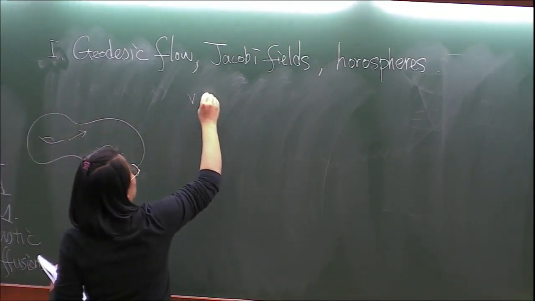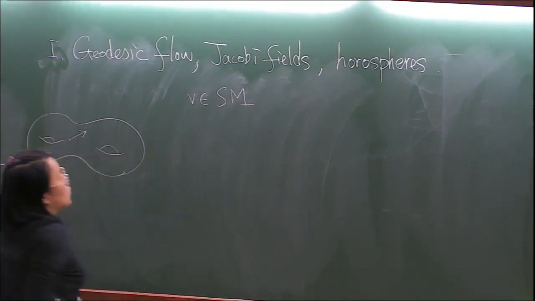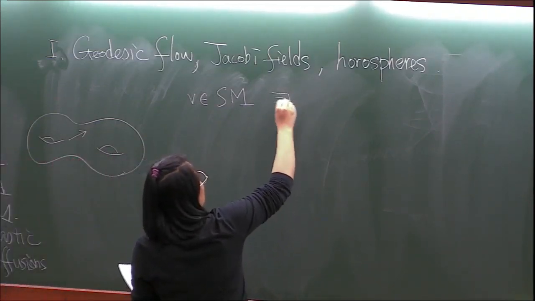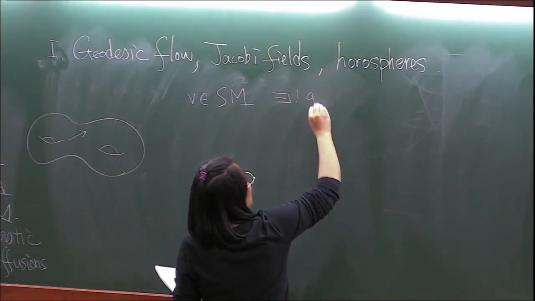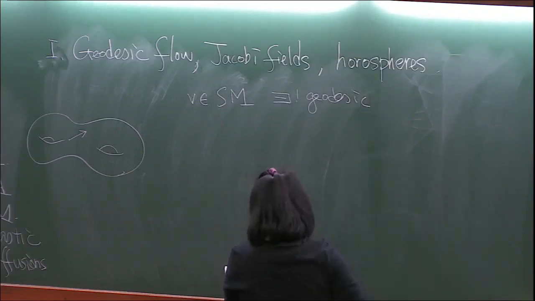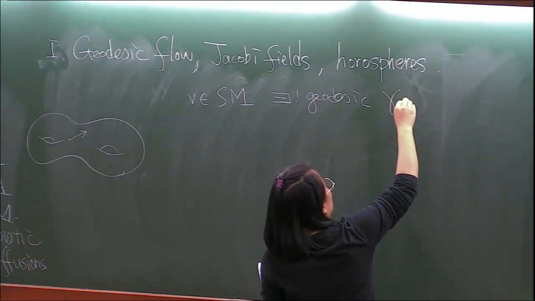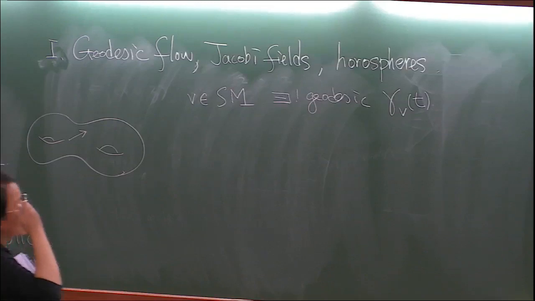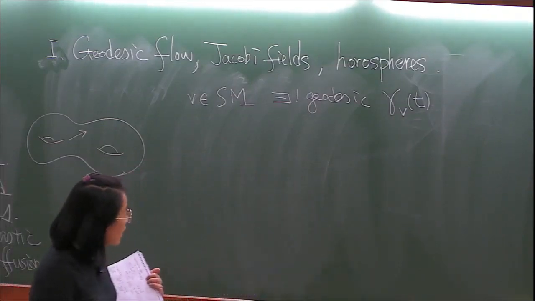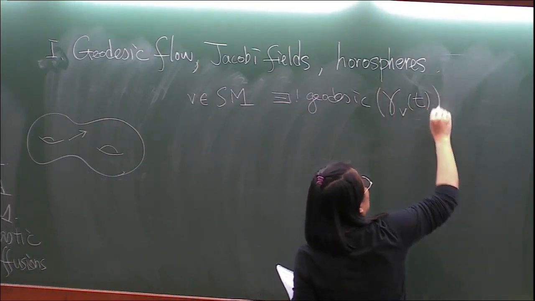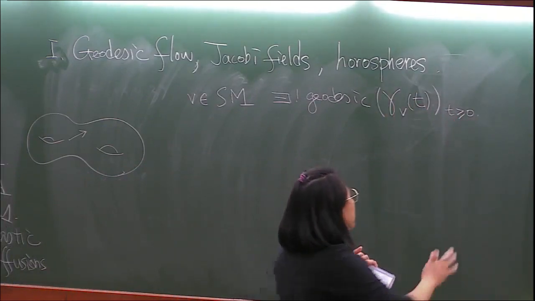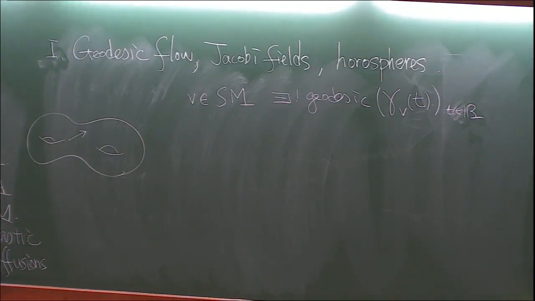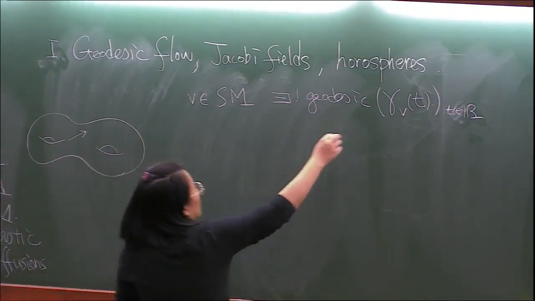So if you have v belonging to the unit tangent bundle, then because we're in negative curvature, you have a geodesic starting with initial velocity v. Okay, so you have this geodesic.